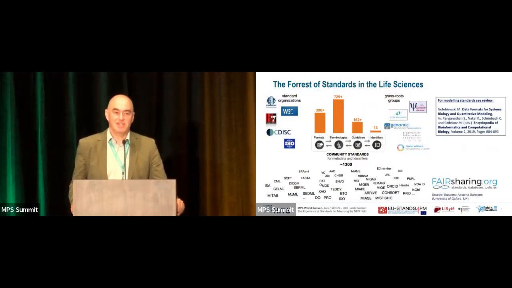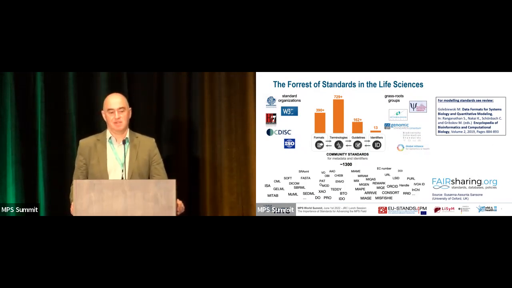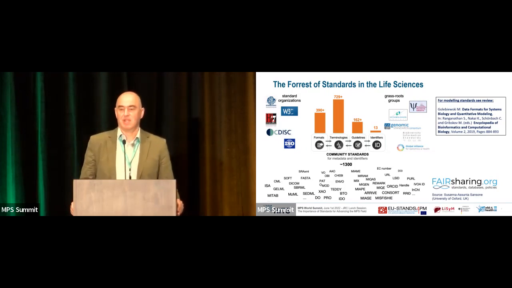For actually tackling the fairness of the data, you have a whole forest of standards in the life sciences for describing data, but also for formatting data. And these standards can be grouped in three major categories. So one category is the data format, actually.